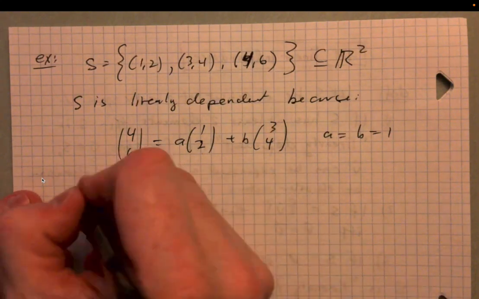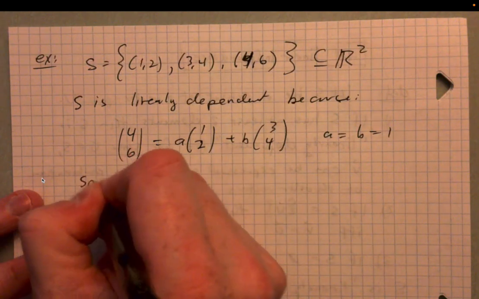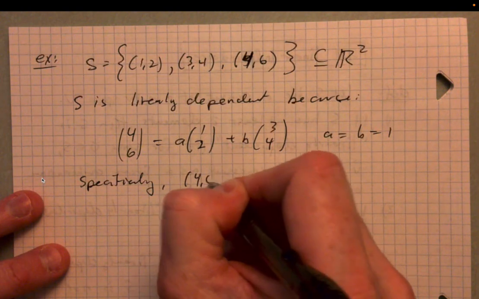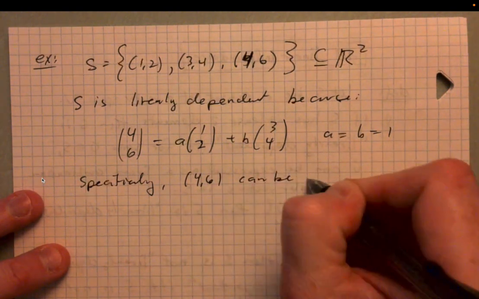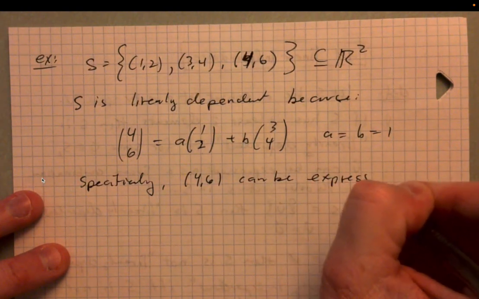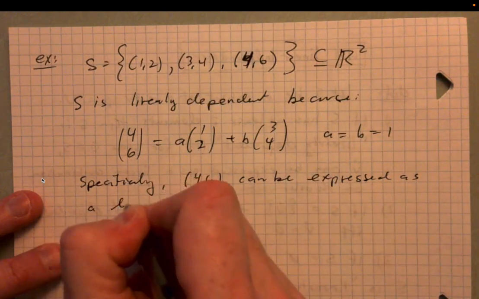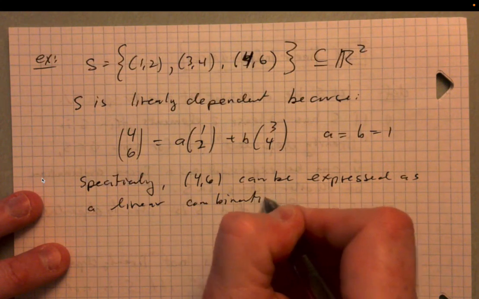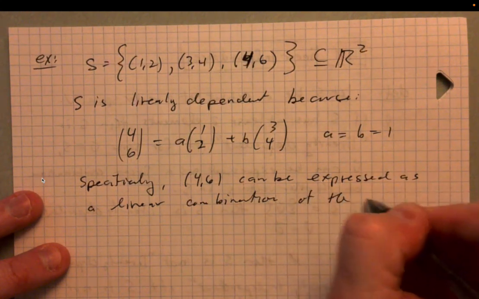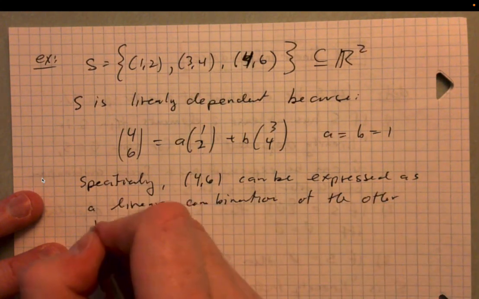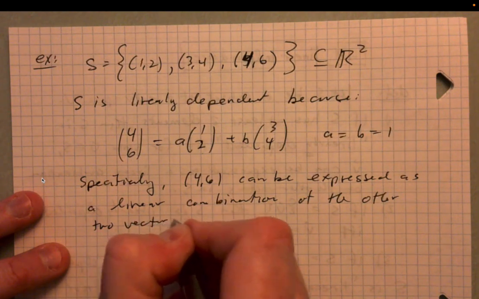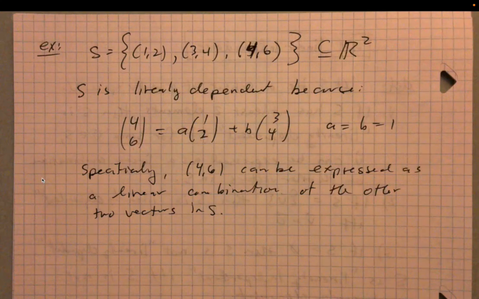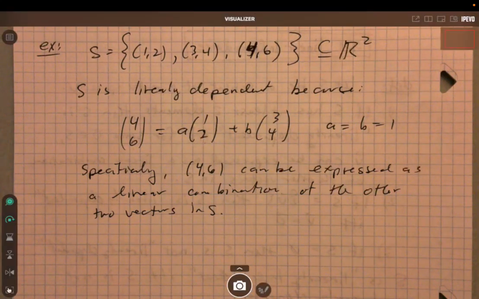can be expressed as a linear combination of the other two vectors in S. And so that's the definition of linearly dependent.